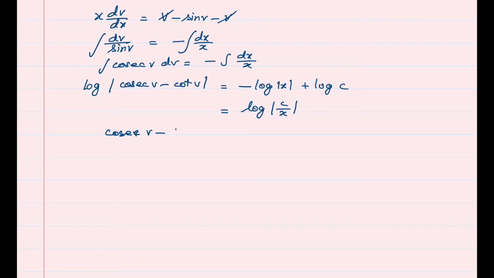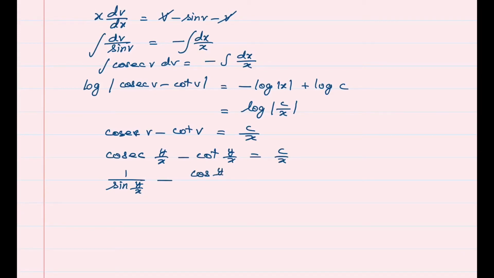Cosecant v minus cot v is c by x. We will substitute for v. We get cosecant y by x minus cot y by x equal to c by x. We can give this as the answer, or we may change the trigonometric function in terms of sine and cos. 1 by sine of y by x minus cos y by x divided by sine y by x equal to c by x.